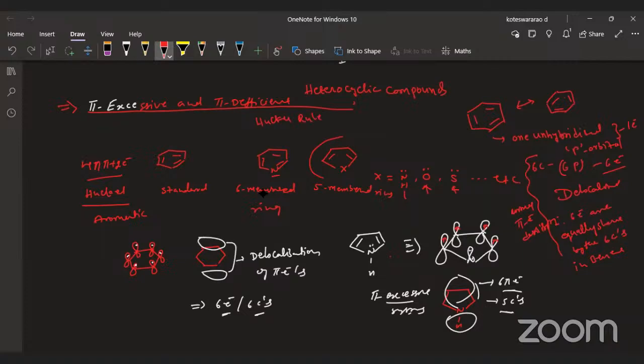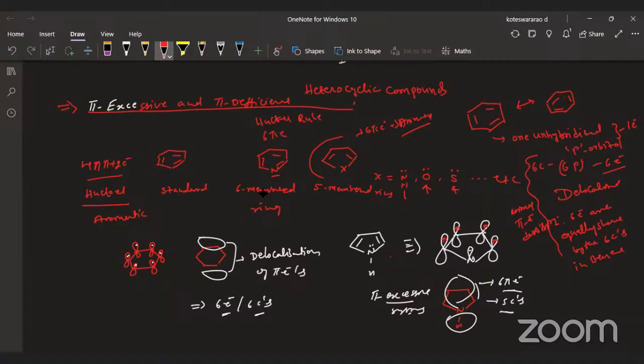That means each has 6 electrons. All are aromatic. Once they are aromatic, the bonds between carbon and carbon, and carbon and heteroatom, are equal, because all 6 electrons are delocalized and equally shared.